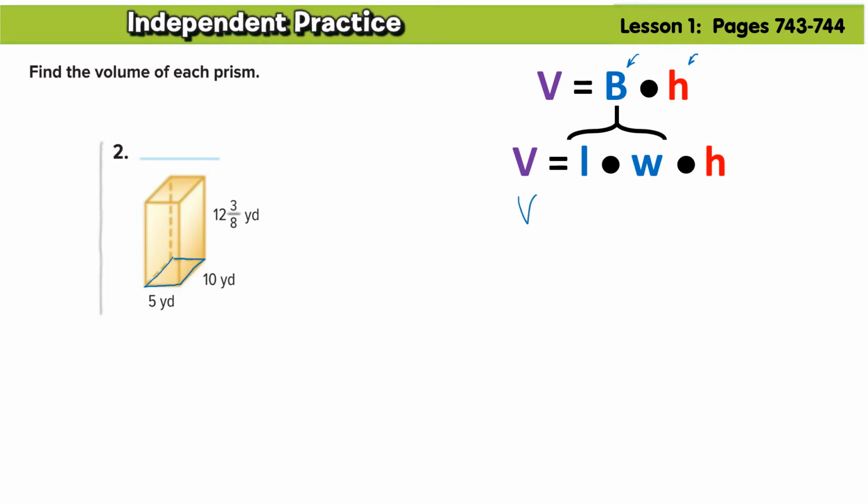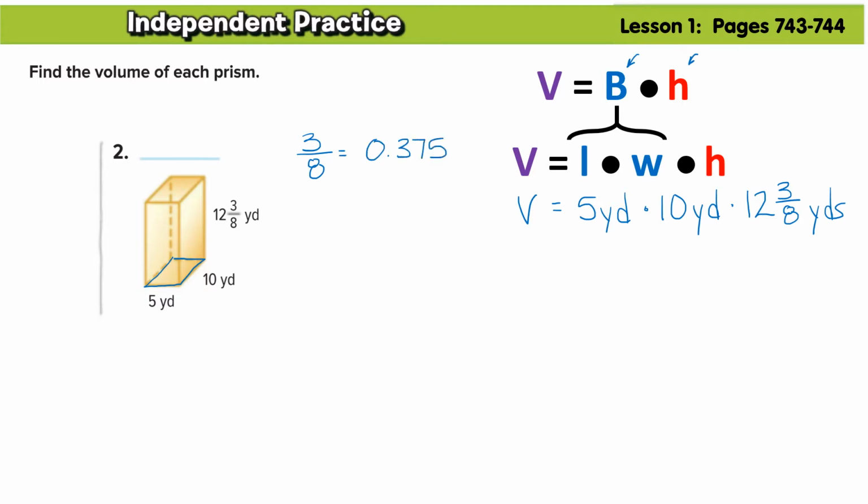So volume will equal 5 yards times 10 yards times 12 3/8 yards. 3/8 equals 0.375 as a decimal. So in your calculator, you can write 12.375.